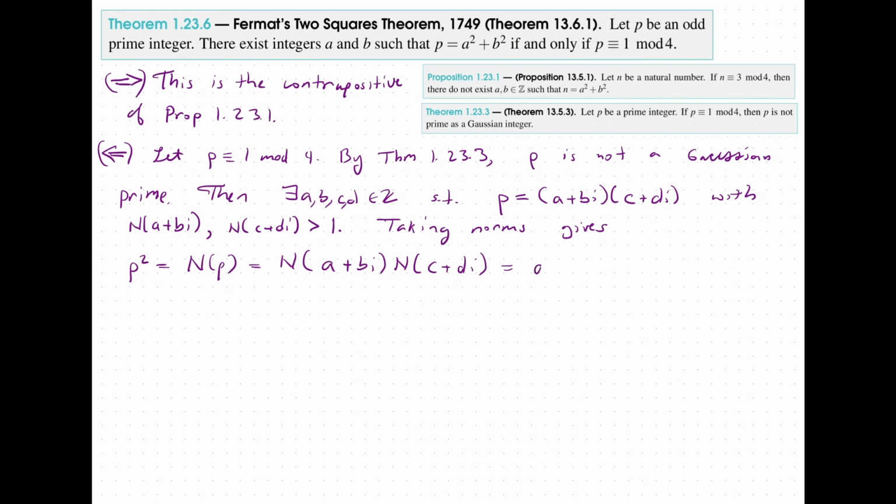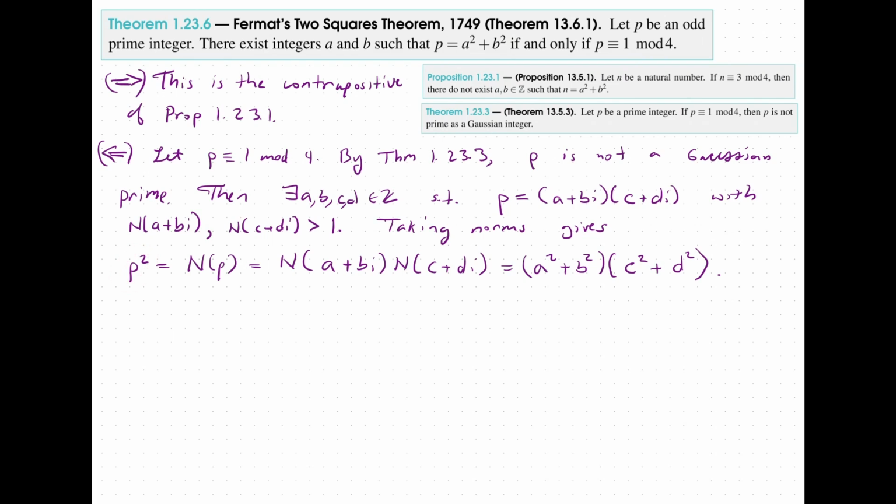The norm of a plus bi is equal to a squared plus b squared, and the norm of c plus di is equal to c squared plus d squared. So we have our product of norms. But now all of this is back in the realm of the natural numbers.